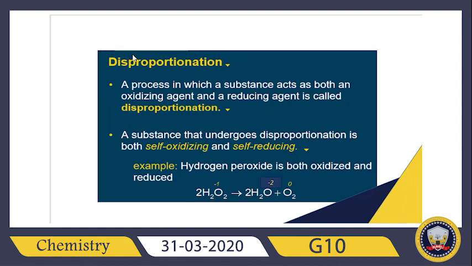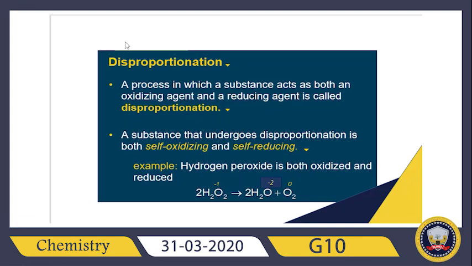So guys, finally we need to discuss a term called disproportionation. So what do we mean, guys, by disproportionation? It's a process in which a substance acts as both an oxidizing agent and a reducing agent. So a substance that undergoes disproportionation is both self-oxidizing and self-reducing.